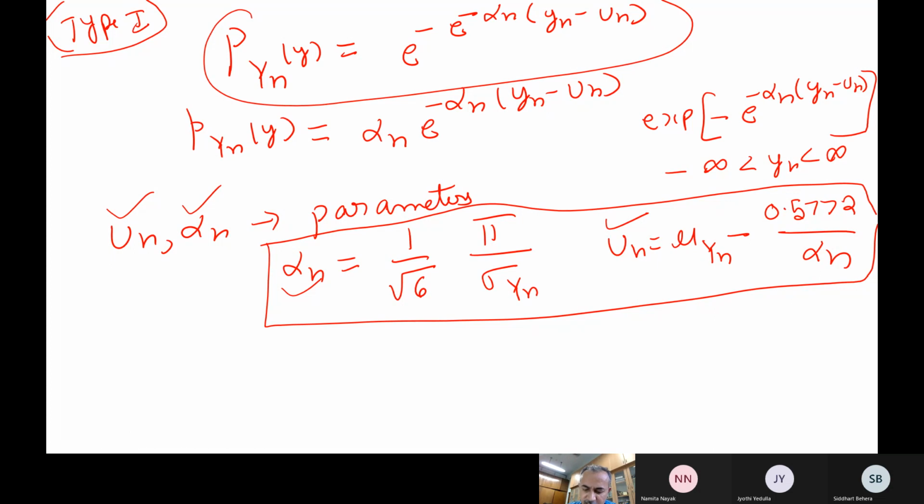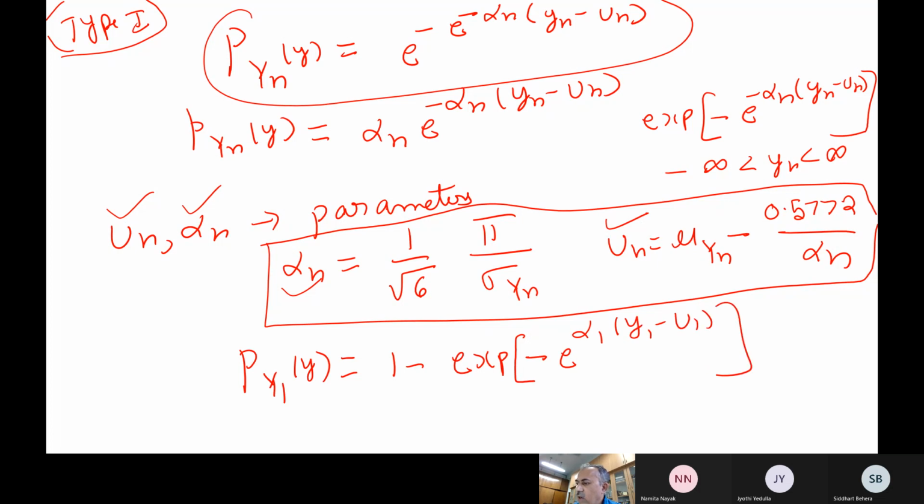Similarly, we can also write for the smallest value, which will also be Gumbel. The smallest value, p y1 of y, will be 1 minus e to the power of minus e to the alpha 1 (y1 minus u1), a double exponential. As already told, 1 stands for smallest and n stands for the largest value.